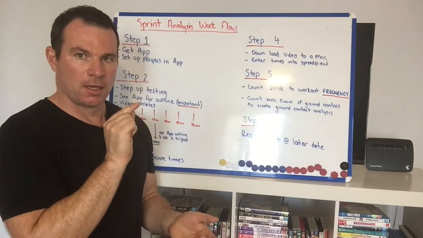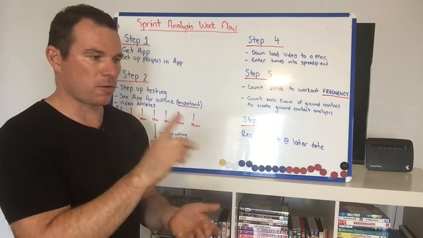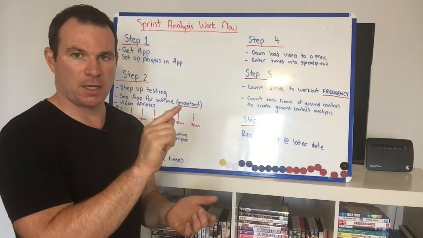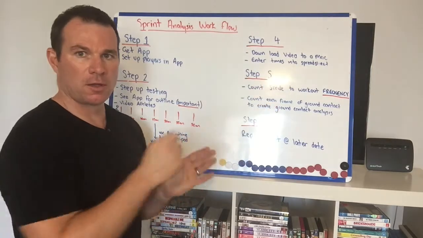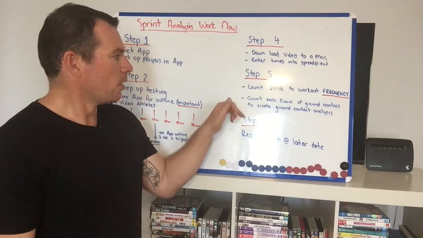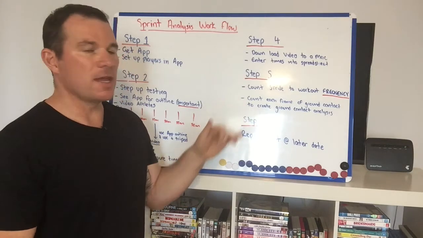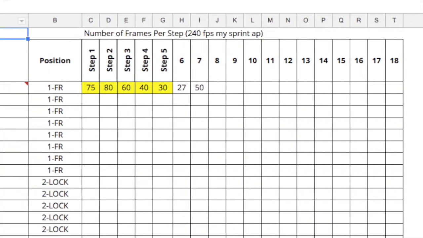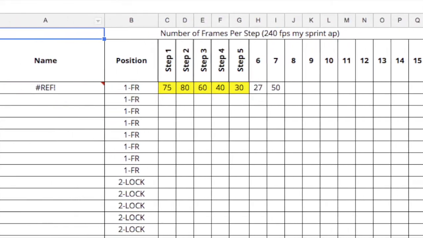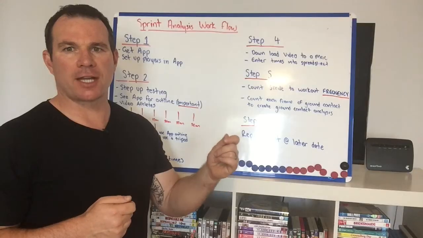I just hit each individual frame across on the Mac. When I hit the arrow across, I knew that was a frame and just counted those up. When you count those, you can then enter that into the spreadsheet and that will automatically, because of a formula I've got running in the background, create a ground contact time for you.